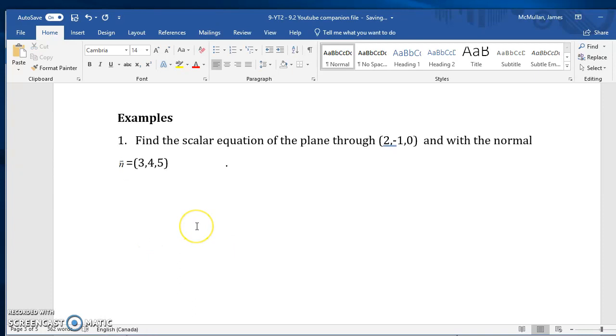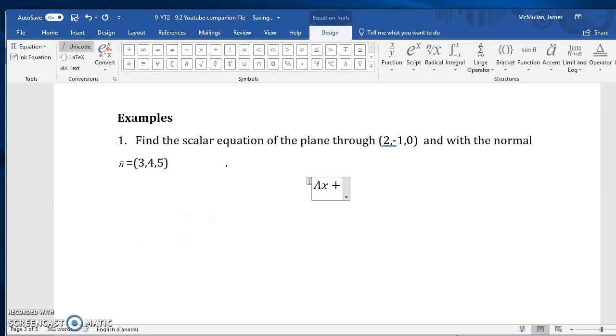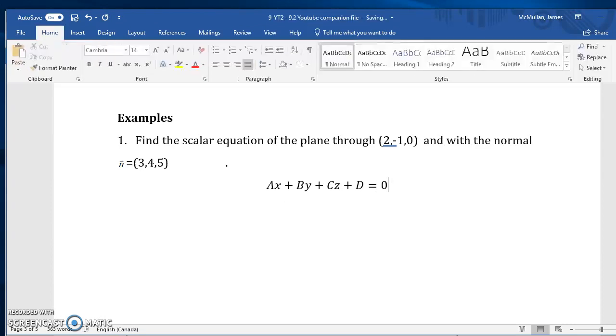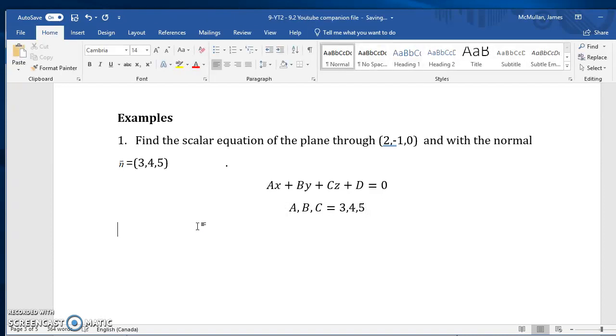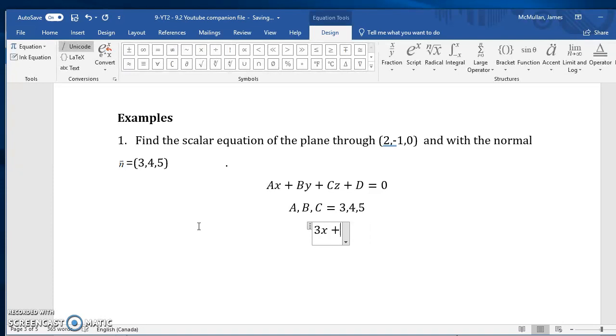So let's see. We know the answer is ax plus by plus cz plus d equals 0. That's the equation of the plane. We know that a, b, c has to be equal to 3, 4, 5, which tells us that we have 3x plus 4y plus 5z plus d equals 0.